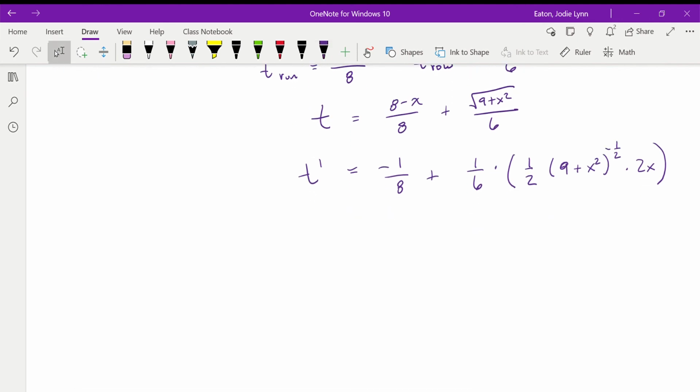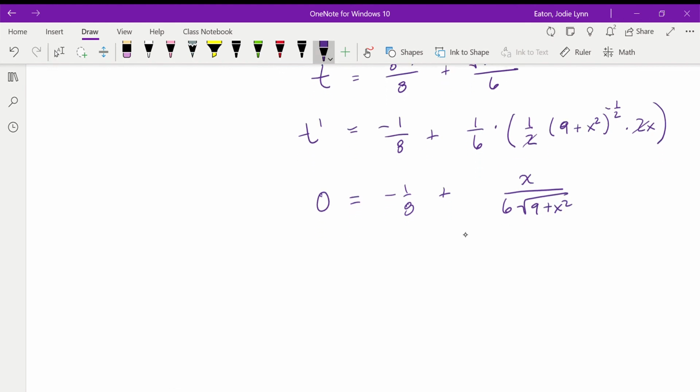Okay, simplifying, we want this to be equal to 0. We get negative 1/8. We can take this 2 and cancel it, which makes things a little bit easier. We are left with an x in the numerator because that's a negative exponent. So, sorry, did I write negative 1/2 instead of negative 1/8? That wasn't right. Plus x over 6 in the denominator, radical 9 plus x squared.